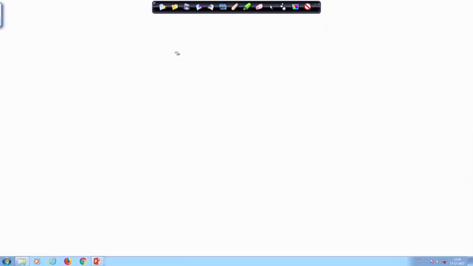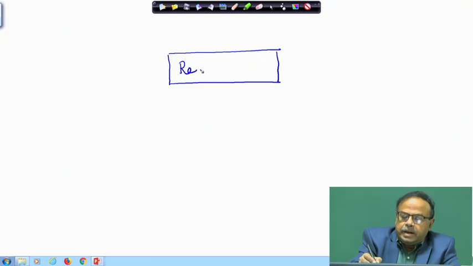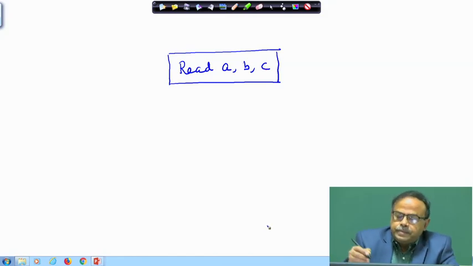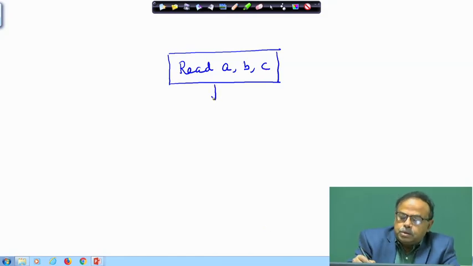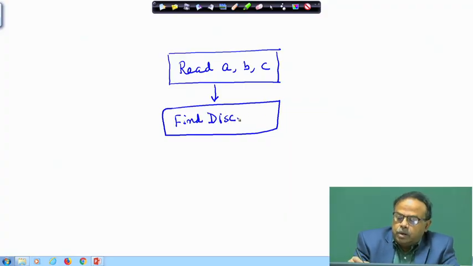So, I will first write read A, B, C, read them from the user. Then I compute, find discriminant equal to b square minus 4ac.